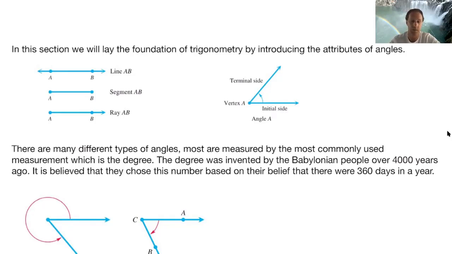And so we're starting with, in particular, lines, segments, and even these things called rays. And each one of those requires 2 points. The line goes through both points indefinitely. A segment starts and ends at those points, and a ray starts at one and goes through the other. And so what we're going to focus on in this section is a ray and one initial point called the vertex.